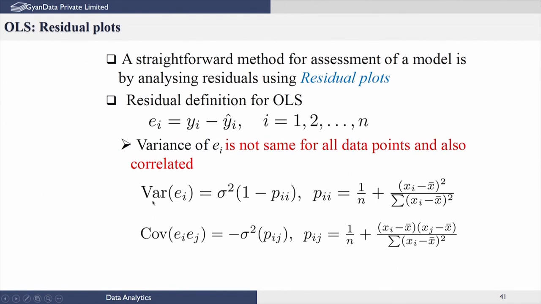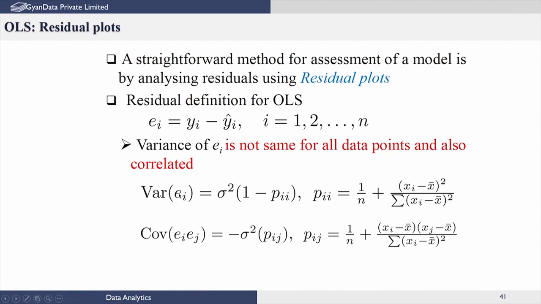In fact, you can show that the variance of the ith residual is sigma squared, which represents the error in the measured value of the dependent variable, multiplied by 1 minus pii, where pii is defined by this. Notice that pii depends on the ith sample, the numerator depends on the ith sample, and therefore pii varies from sample to sample. So, the variance of the residual will not be identical for all samples, it is given by this quantity.